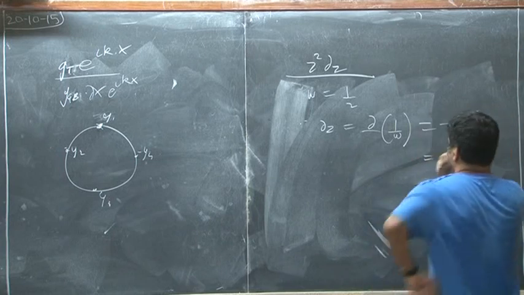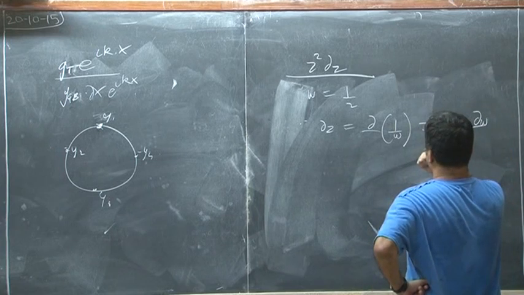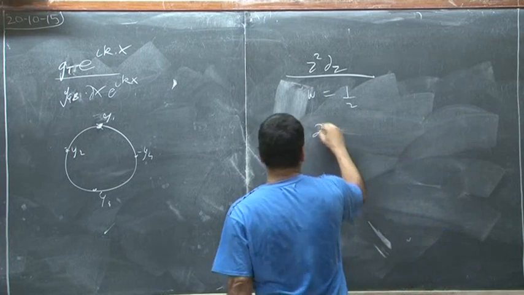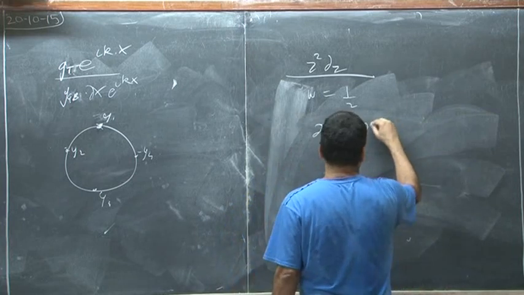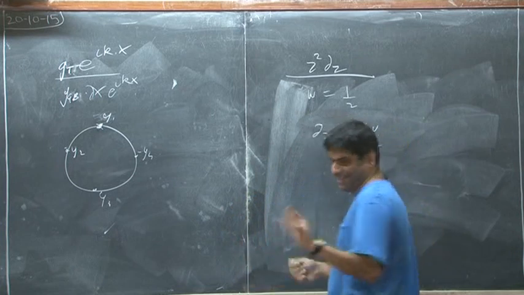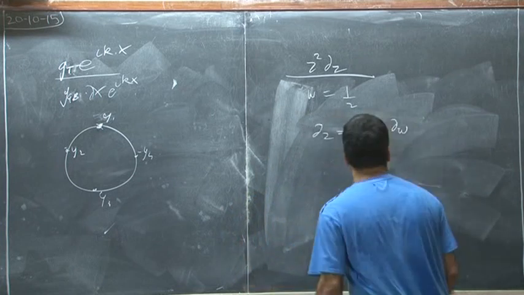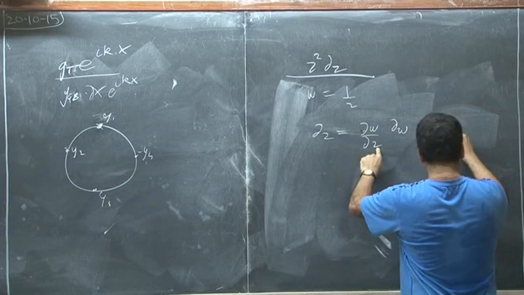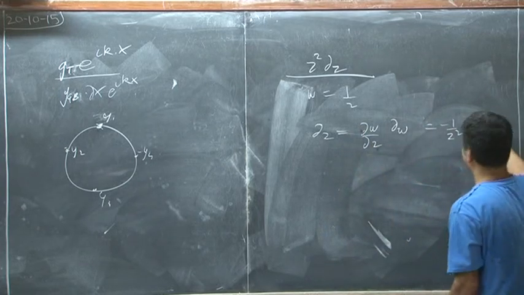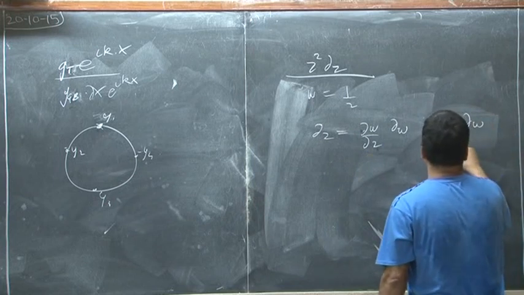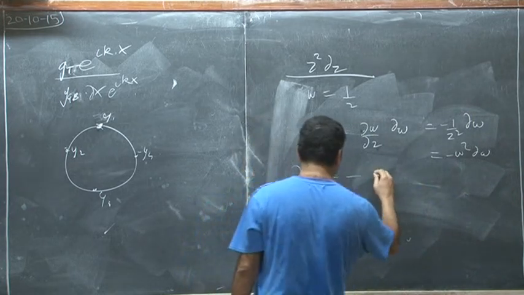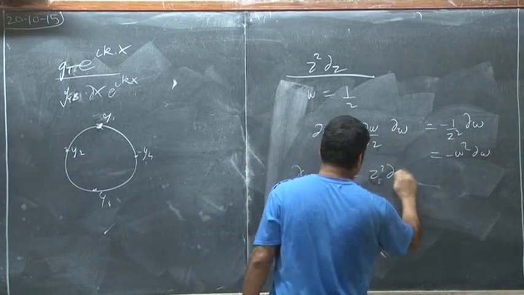Sorry, let me redo this: del z is equal to del W by del z times del W, which is equal to minus 1 by z squared del W, or equivalently minus W squared del W, so that del W is equal to minus z squared del z.